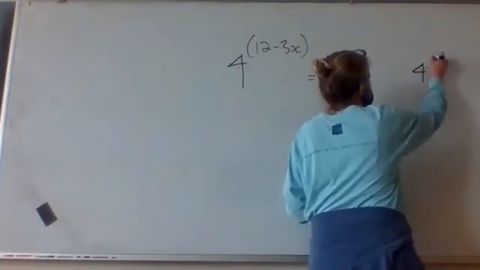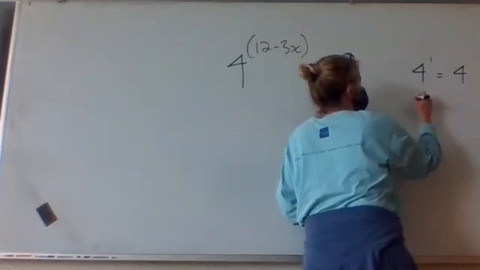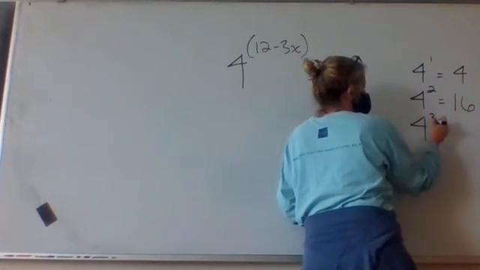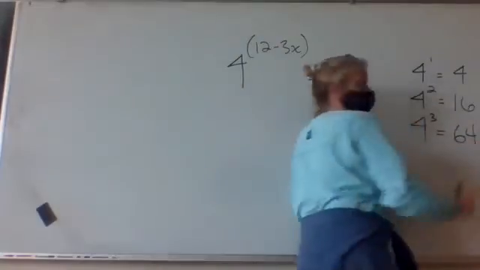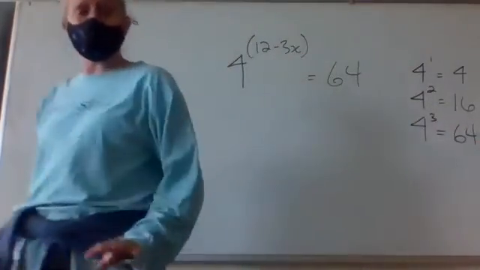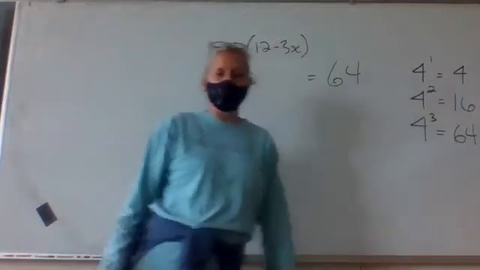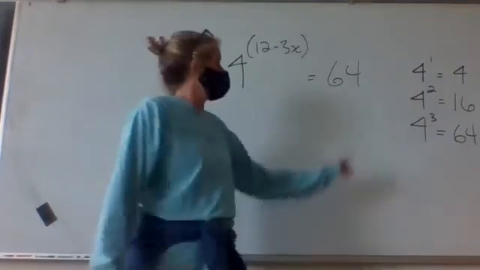So let's see, 4 to the first gives me 4. 4 squared is 16. 4 to the third is 64. So I can rewrite 64 as 4 to the third power.